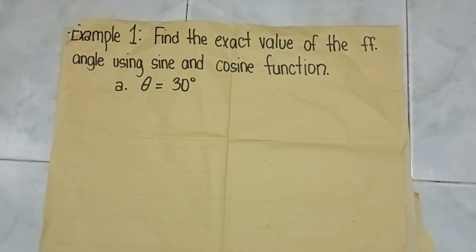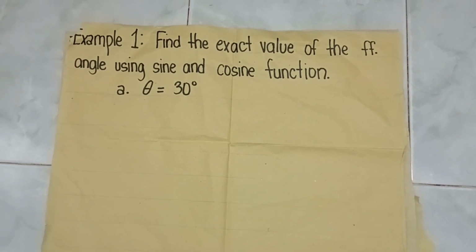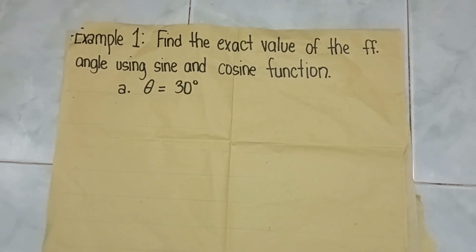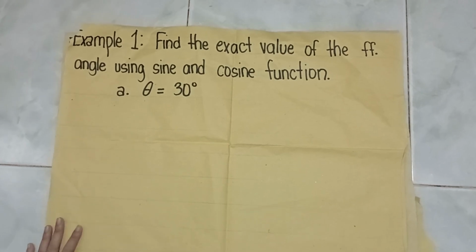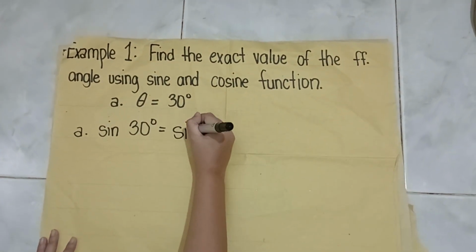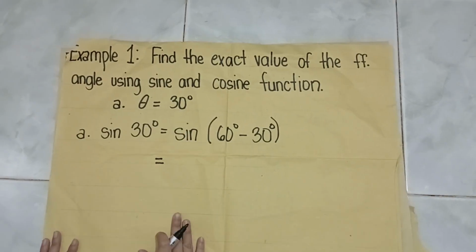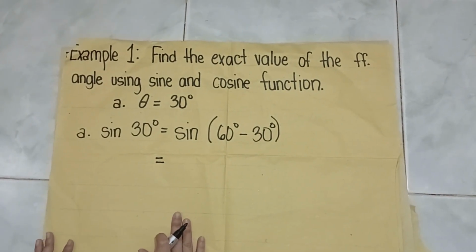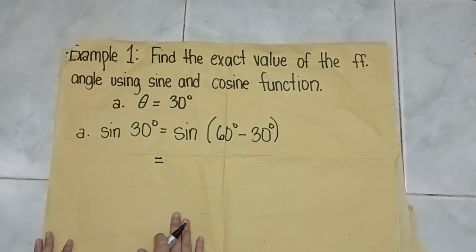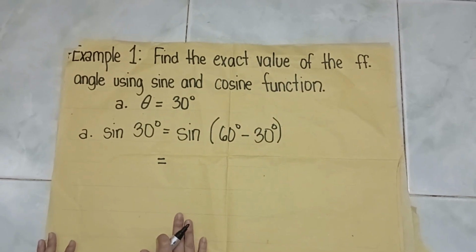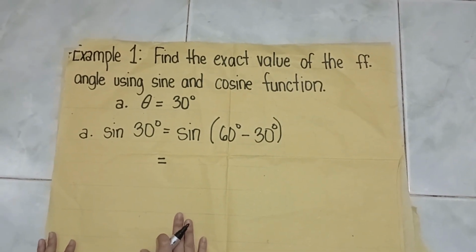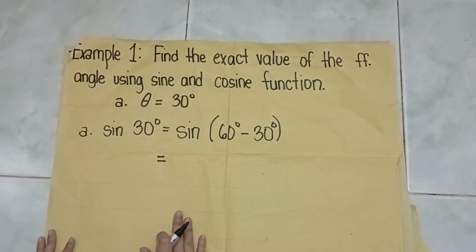Example 1. Find the exact value of the following angle using cosine and sine functions. Theta is equal to 30 degrees. So, we're going to use the difference formula for sine. Next, we apply sine of alpha minus beta is equal to sine alpha times cosine beta minus cosine alpha times sine beta.